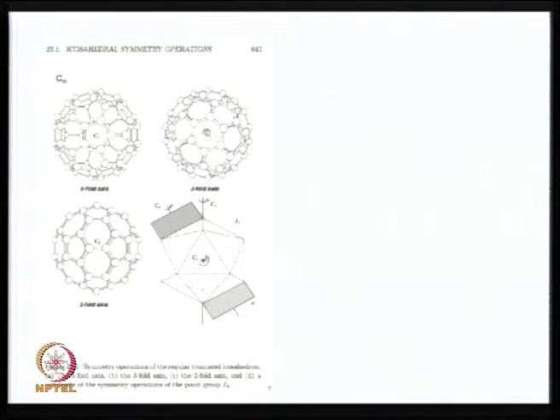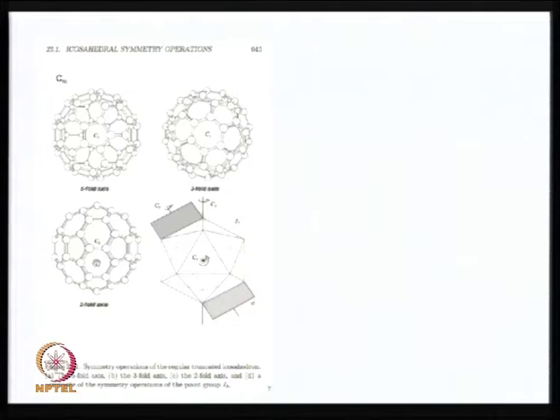We already discussed that, because this hexagon has to be rotated into this hexagon. So if you are on a pentagonal face, then you have C5, you have a 5-fold rotation axis. If you are on a hexagonal face, then you have only a 3-fold rotation axis, because there is an alternate hexagon-pentagon pattern. So this is C3, as you can see.